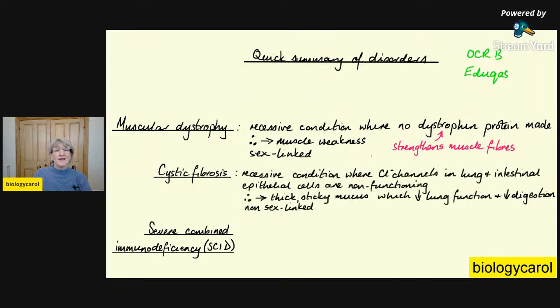Cystic fibrosis is again a recessive condition where chloride ion channels in both the lungs and intestinal epithelial cells are non-functioning. They do not allow chloride ions to pass through them, and that has a huge effect on osmosis.